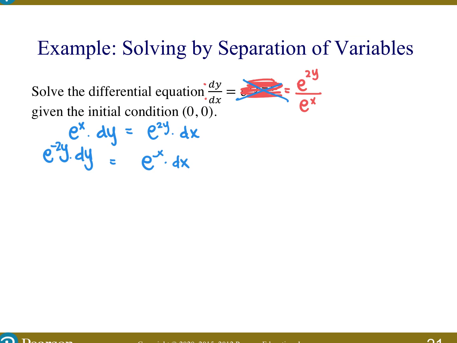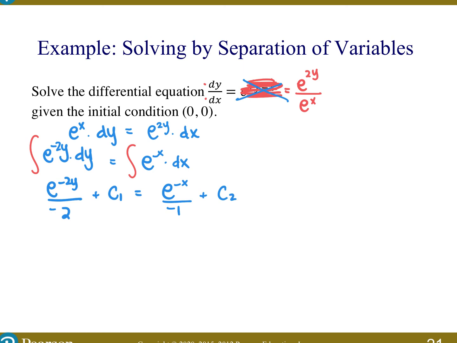The reason we do that is so that when we integrate, it's a lot easier integral to do. All right, so separate, integrate. e to the -2y divided by -2, because that's the chain rule, plus the first constant. And then e to the -x divided by -1, the chain rule, plus the second constant.